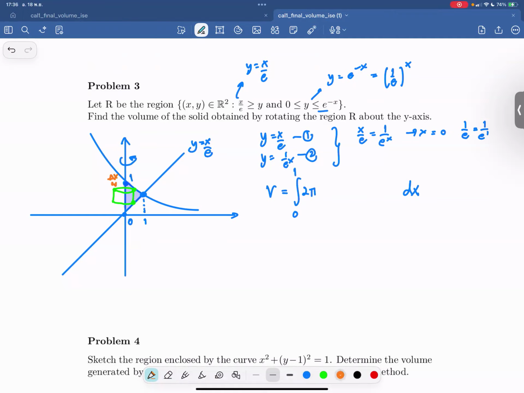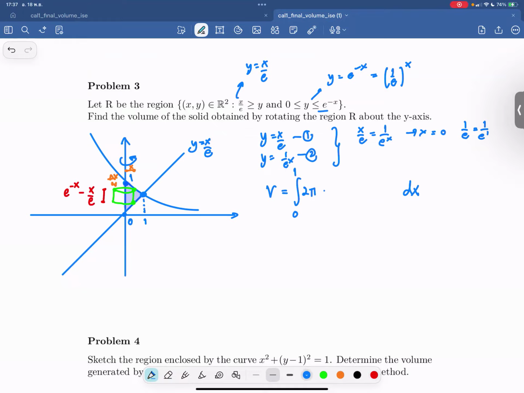Okay. So the radius of the cylinder is the value of x, and the height of the cylinder is the upper function minus the lower function. The upper function is e power minus x minus the lower function, x over e.